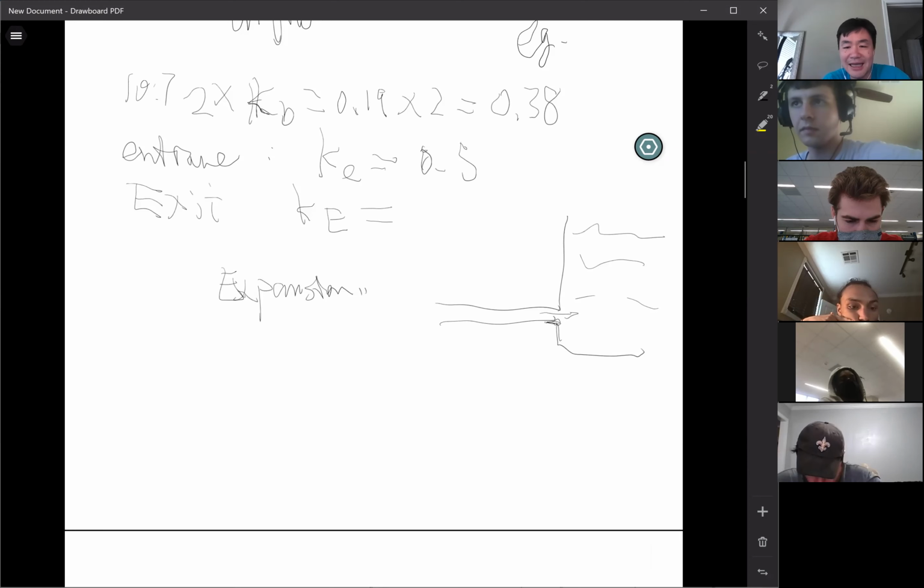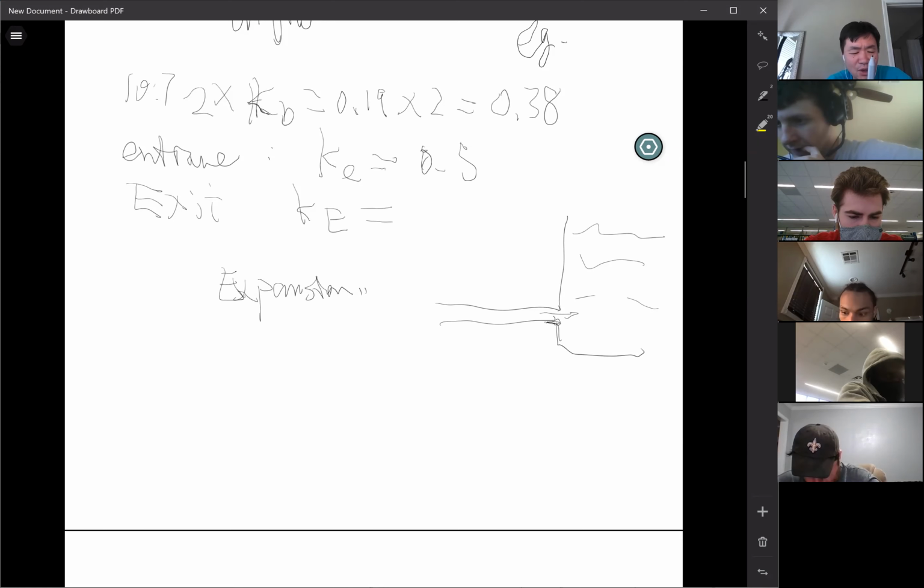When it expands to infinitely large, you see, expanded bigger, right? When you exit to a tank, you expand to infinitely larger compared to the pipe. So what is D1 over D2 if it becomes an exit?